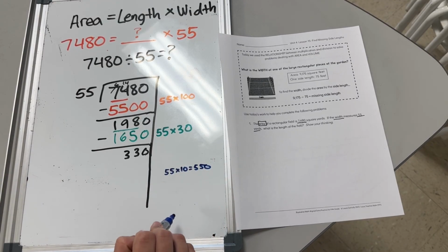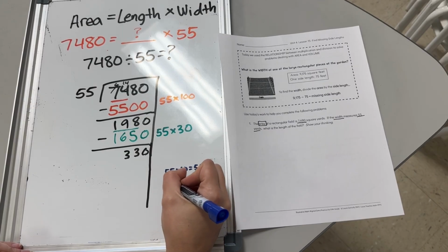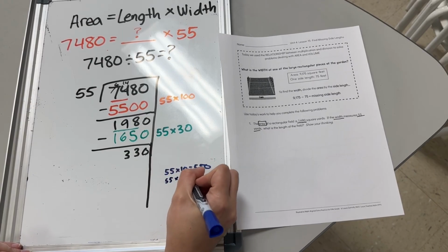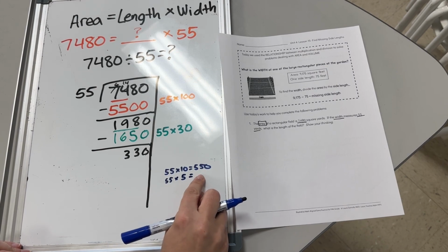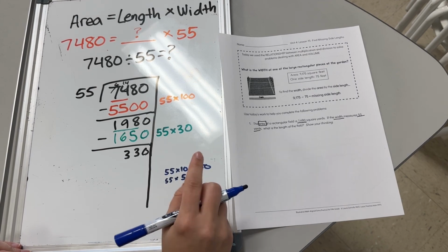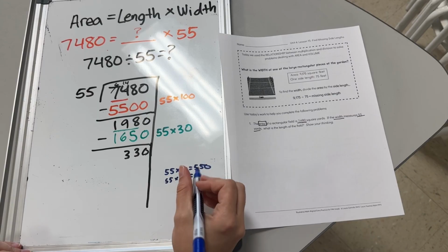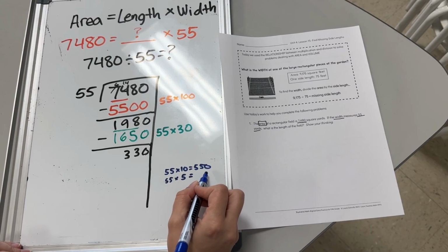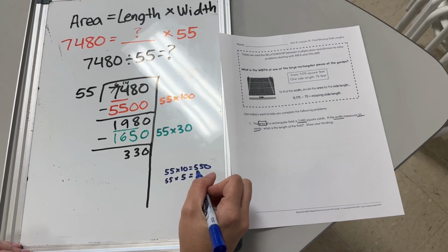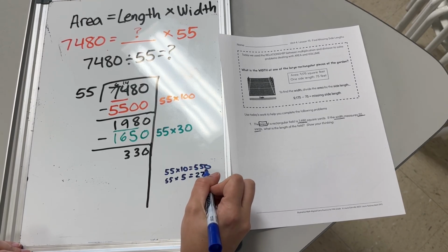So let me go ahead and cut it in half and do 55 times 5. If I'm cutting the 10 in half, then I'm also going to cut that 550 in half. Well, half of 500 is 250, half of 50 is 25, and 250 plus 25 is 275.